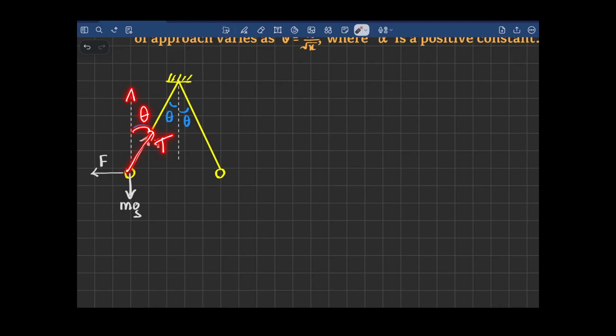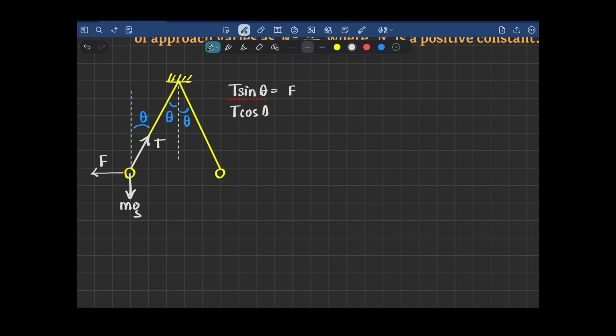So this component of tension will be T cos theta, which will balance mg, and this component will be T sin theta, which will balance the electrostatic force F, and that's why the ball will be at that point. So in that case, I'm writing T sin theta equals F, and T cos theta equals mg.